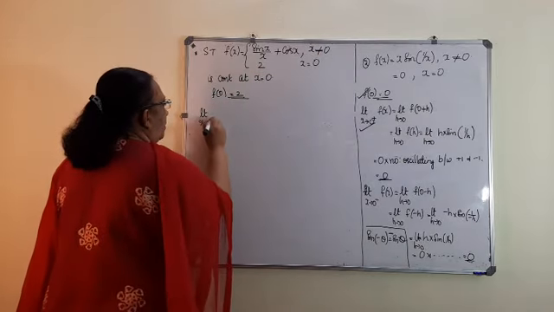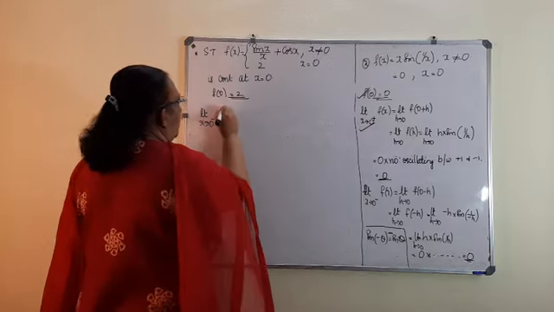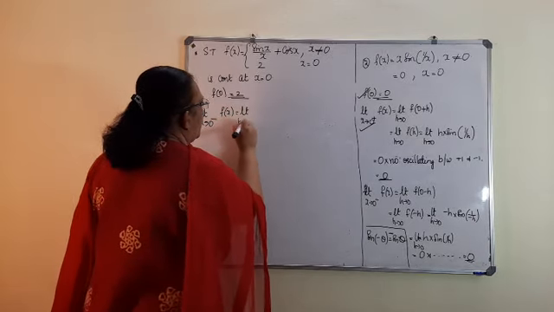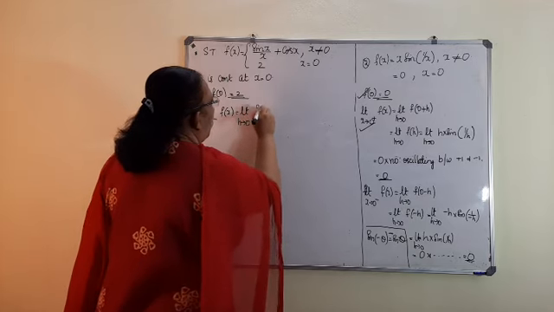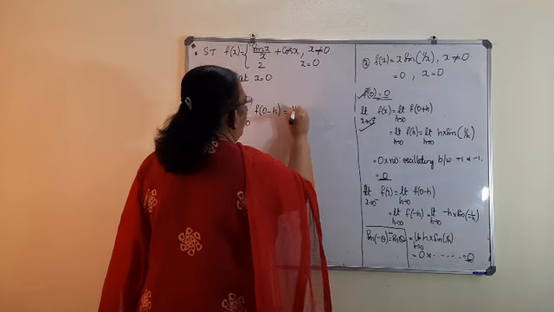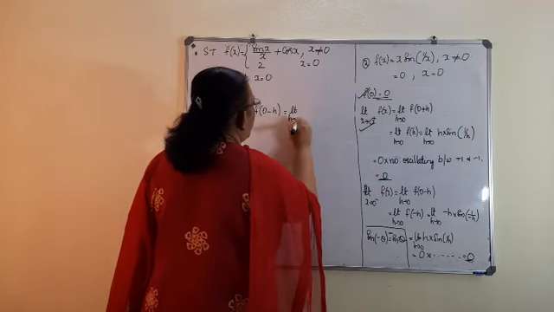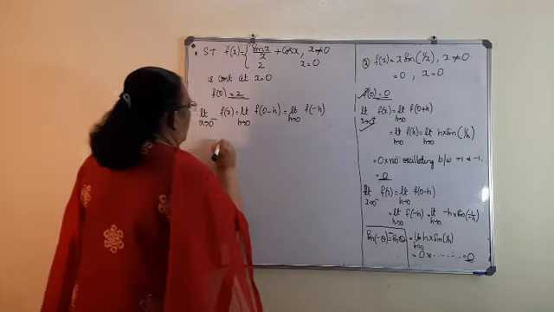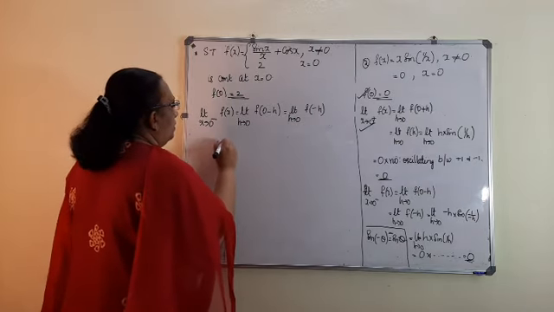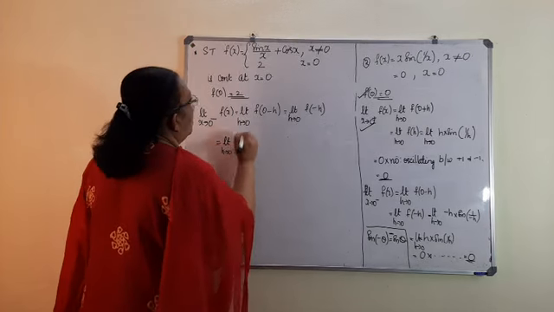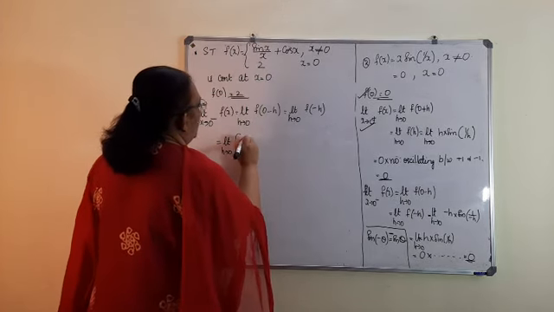0. From the left limit, f of x is equal to limit of h tending to 0, f of 0 minus h, equal to limit of h tending to 0, f of minus h, and that is equal to limit h tending to 0. What is the function?